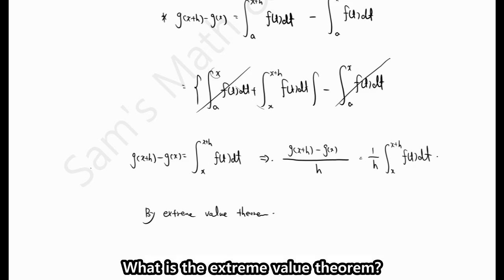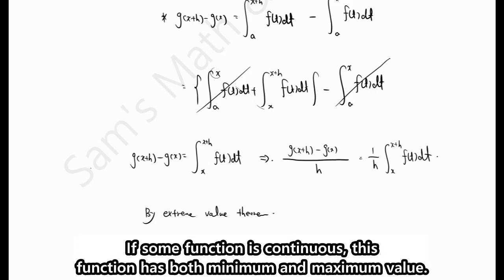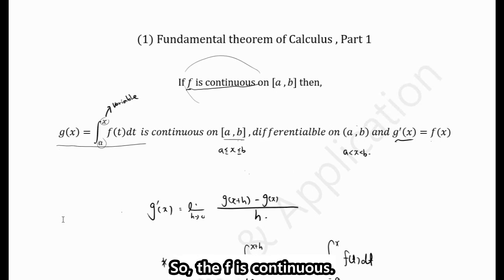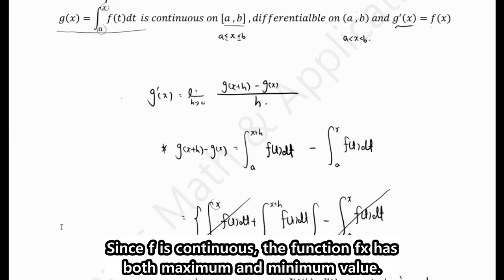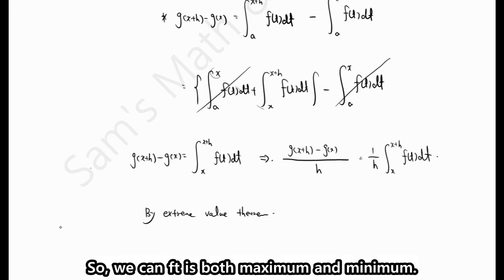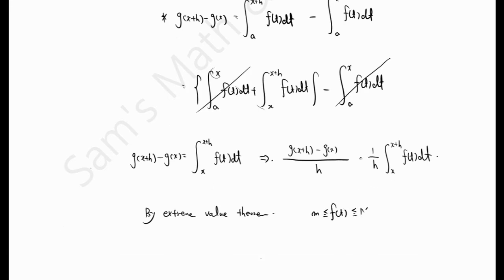What is the extreme value theorem? If a function is continuous, this function has both a minimum and a maximum value. Since f is continuous, the function f(x) has both a maximum and a minimum value. So f(t) has both a maximum and a minimum.